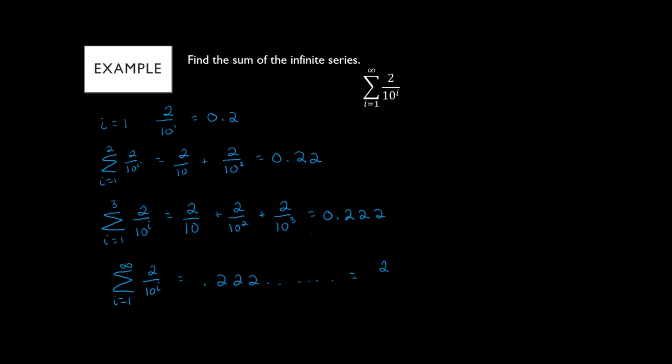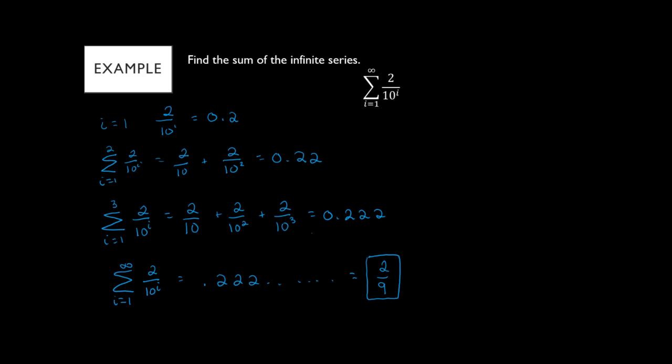So this means that based off of this pattern, we can tell that it's going to just go on forever with adding 2's. So this series adds to 2 ninths. Even though it goes on forever, we can say with confidence that the sum of this infinite series is an actual number, and it's 2 ninths.